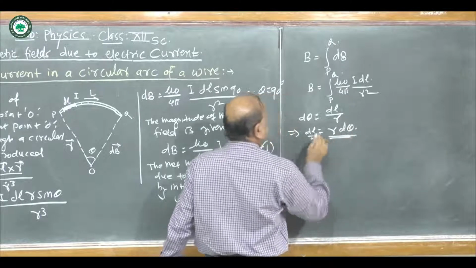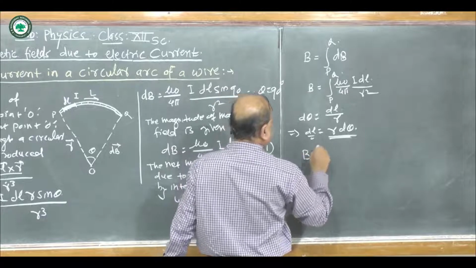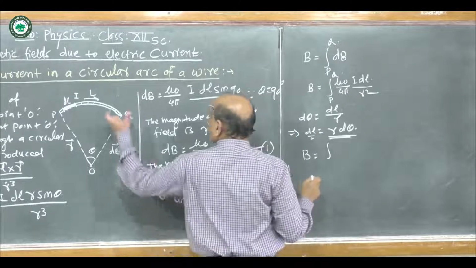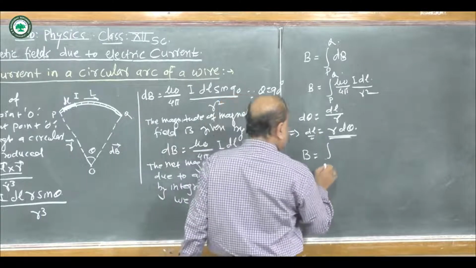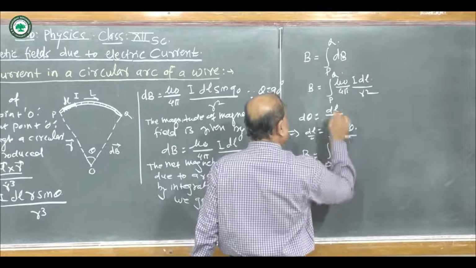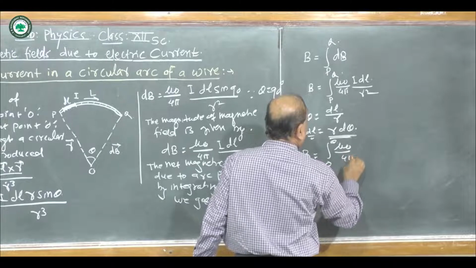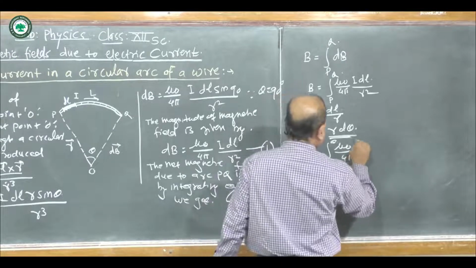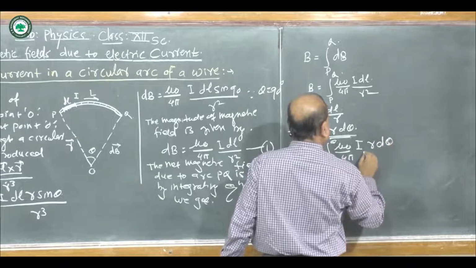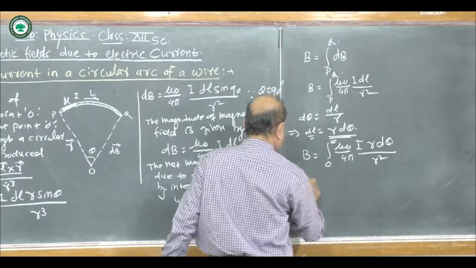Put the value of dl in this equation. The net magnetic field B is equal to the integration over the arc from angle 0 to theta of mu 0 upon 4 pi, I r d theta divided by r square.